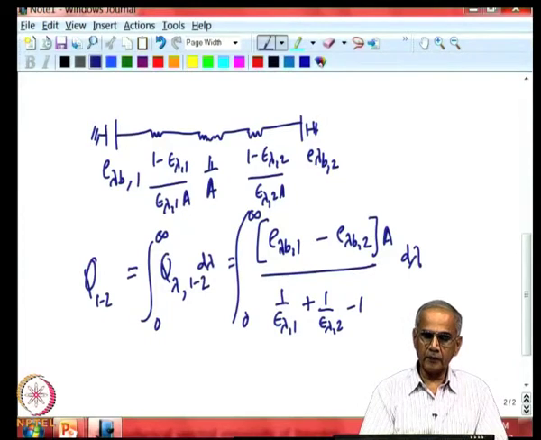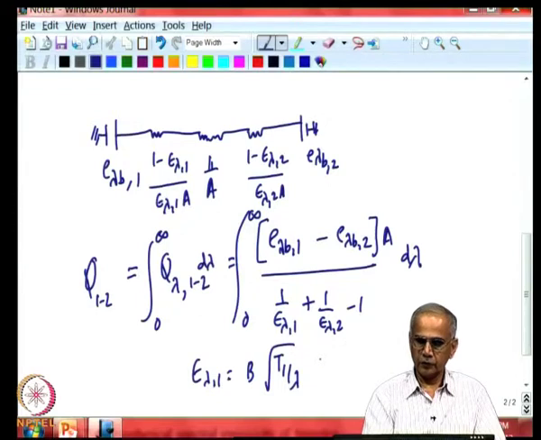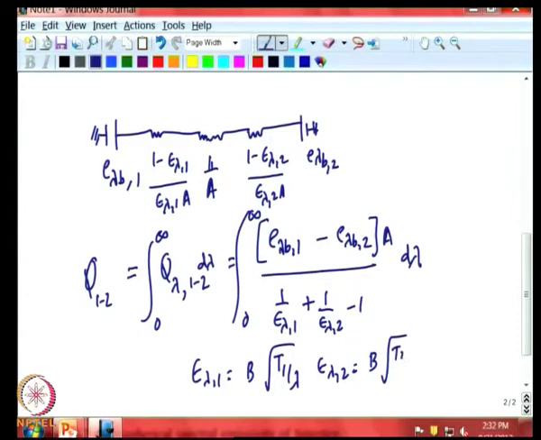But in the simple case that we dealt with in the last lecture, we assumed that epsilon lambda 1 is B into root T 1 by lambda, and surface 2 was again the same material, but at a different temperature. Then we used an approximation that since the emissivity of silver surfaces is very small and the reflectivity is very large, this term is very large, so we neglected this term.